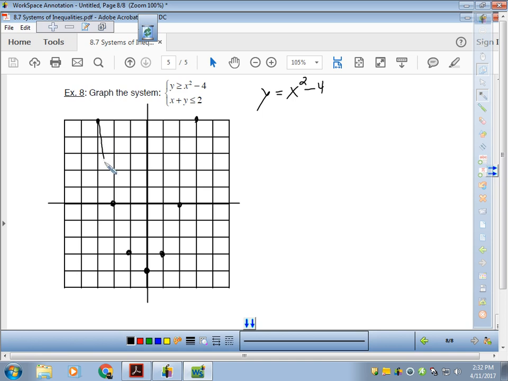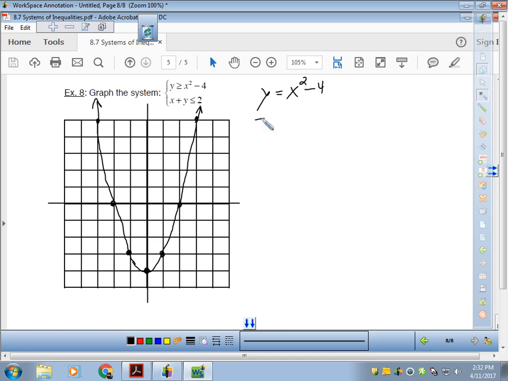And so this was what that parabola looked like. And it would be a solid line because of the equal to on the inequality. So it looks something like that.